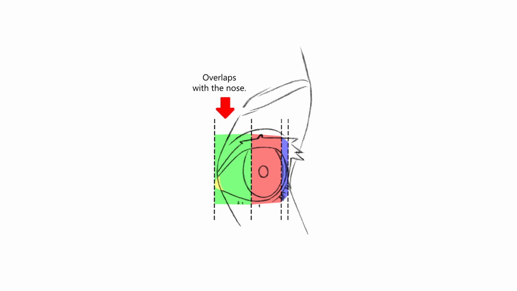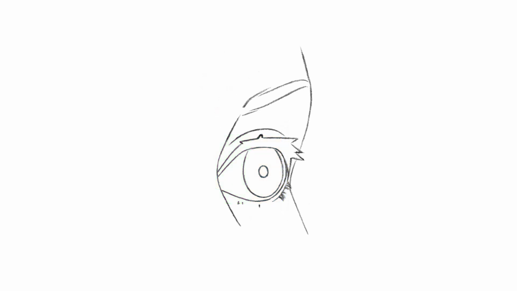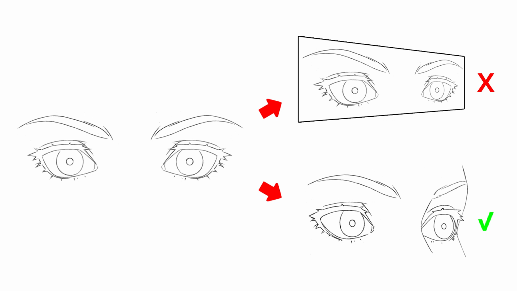Because of the spherical shape of the eye, the front plane is covering it almost entirely. We can draw that border of the eye with a curved line to show the spherical surface of the eyeball. See how different this is from the sticker eye we saw at the beginning of this video. Following these quick tips is a very easy approach to take the spherical form of the eye into account.